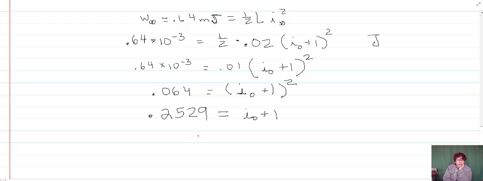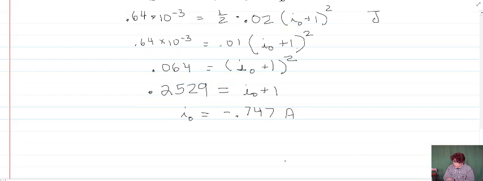So after I did this, I checked both of my answers. I did the positive and I did the negative, and then I checked them both to see if they both worked. And the positive square root worked, and the negative square root did not. So if we solve for I naught, then we get negative 0.747 amps.